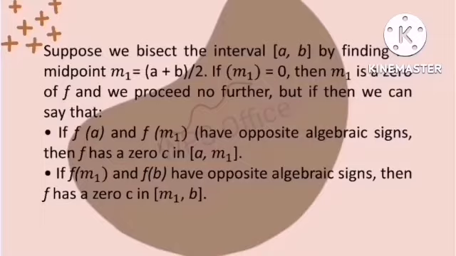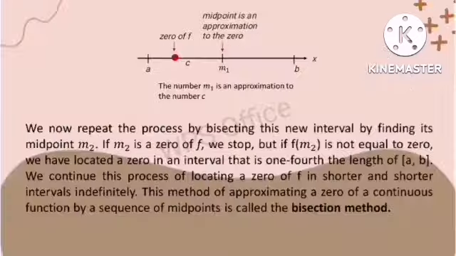But if f of m sub 1 is not equal to 0, we can say that if f of a and f of m sub 1 have opposite algebraic signs, then f has a 0 in a and m sub 1. If f of m sub 1 and f of b have opposite algebraic signs, then f has a 0 in m sub 1 and b.